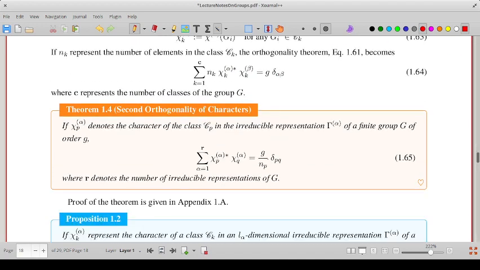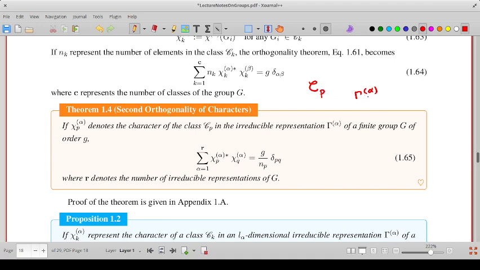So now we have one more orthogonality theorem involving the characters, and in this case we consider the different irreducible representations of the finite group G. So for a given finite group, for a given irreducible representation gamma alpha, consider a class P of the group.